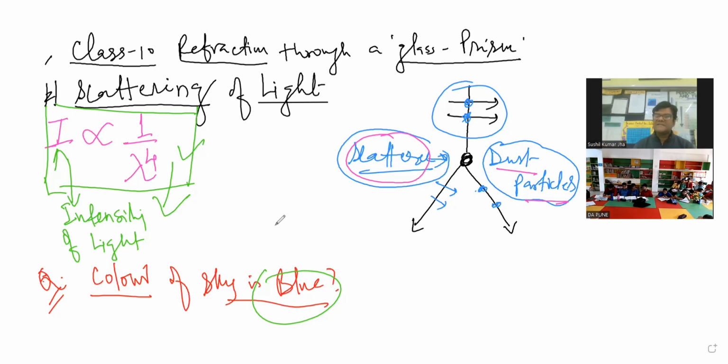And then add: since red color has maximum wavelength, it scatters least.